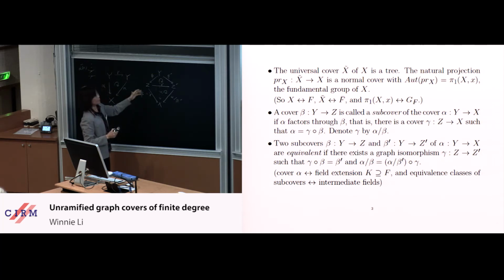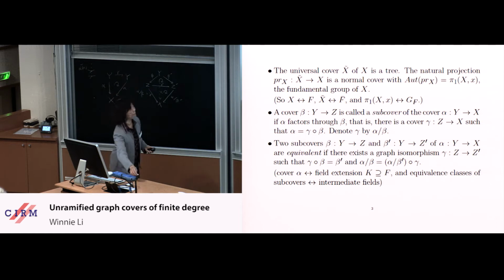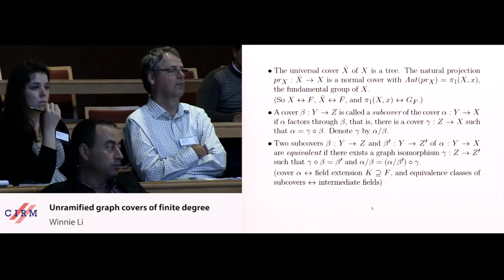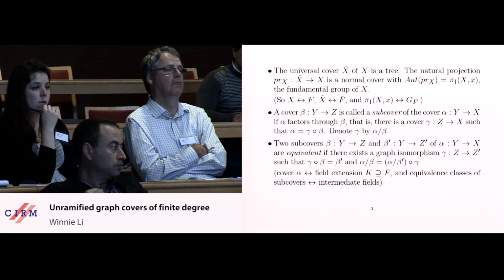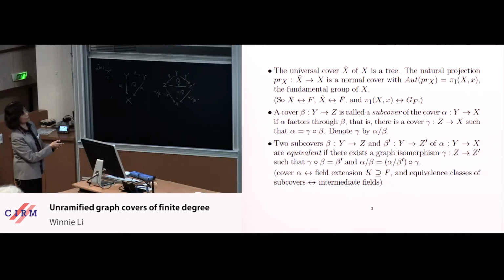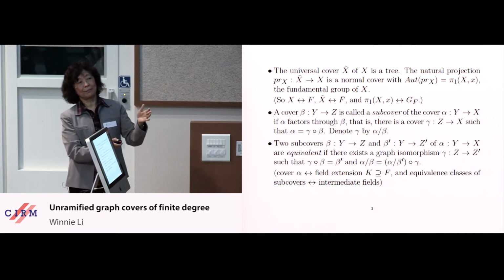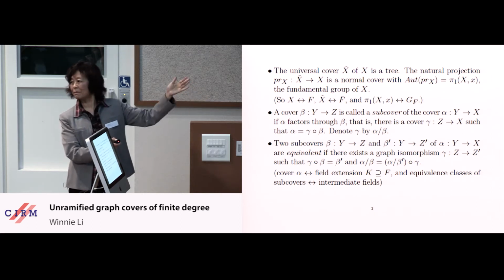In my mind, this cover alpha, Y over X, corresponds to a field extension K over F. For the field extension we have intermediate fields, and for the graph cover the intermediate fields correspond to equivalence classes of subcovers.